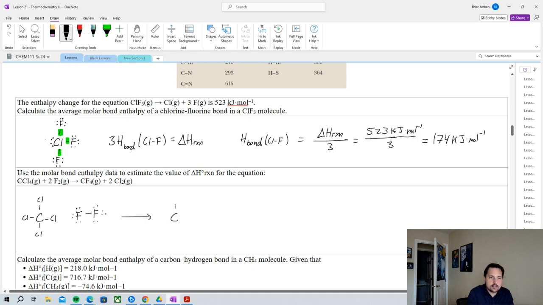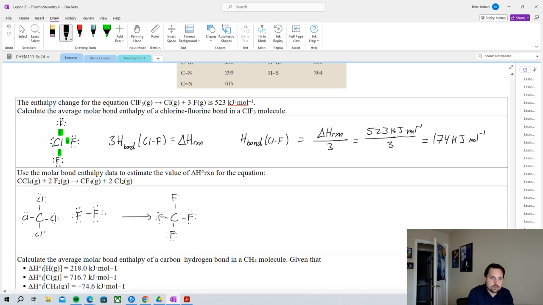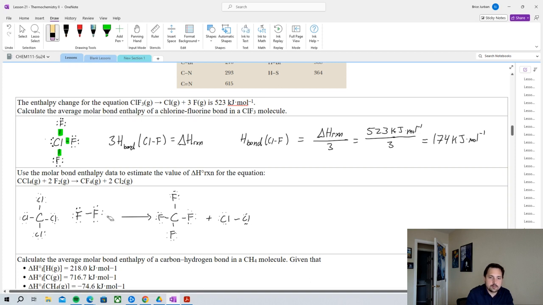And then on the right side, these all have lone pairs here. Okay, and then chlorine. Sometimes a lone pair is just getting in the way. Okay, so there we go.